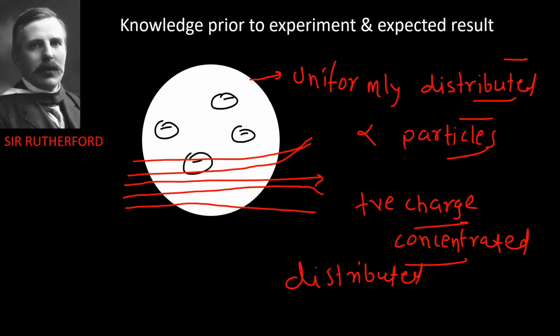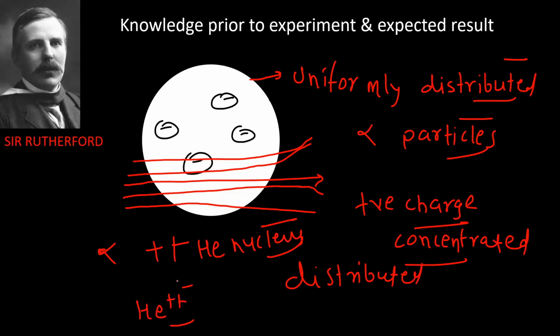Concentrated energy will be much stronger. Since the charge is distributed, it could not resist the alpha particles much. And what are alpha particles? An alpha particle is a doubly positively charged helium nucleus. The nucleus was not a term coined at that time.